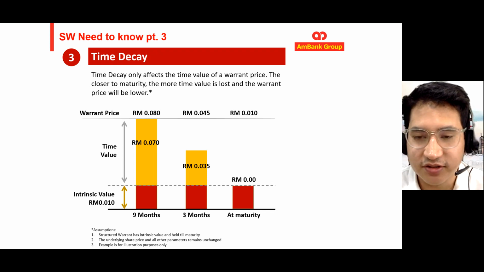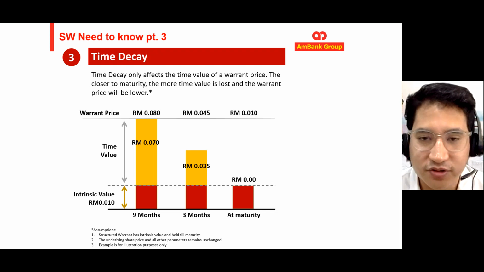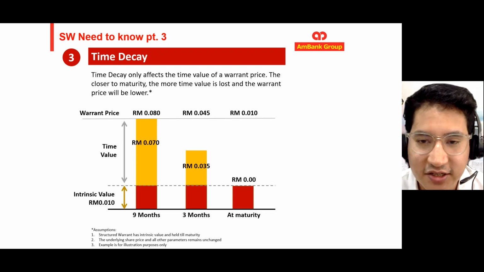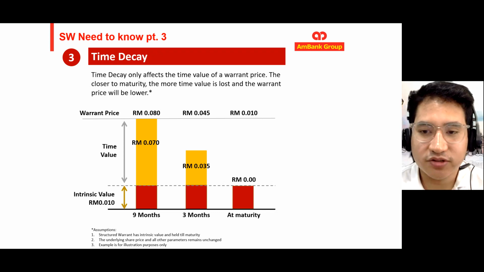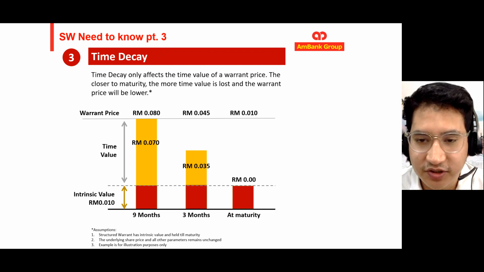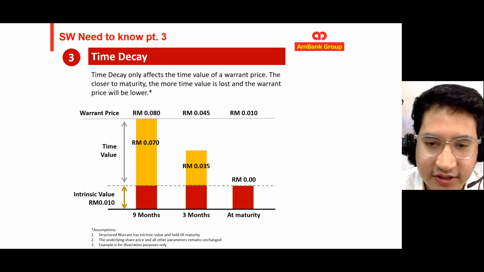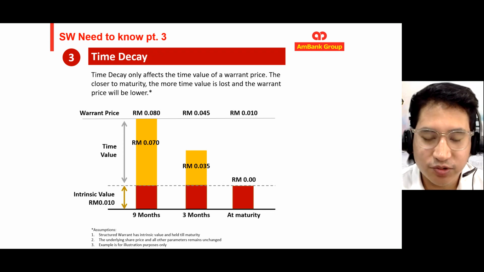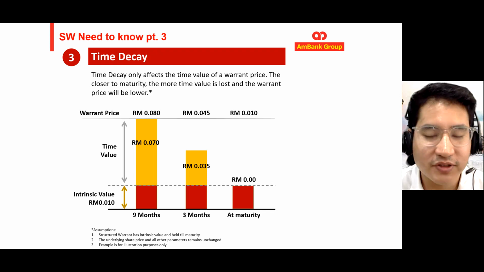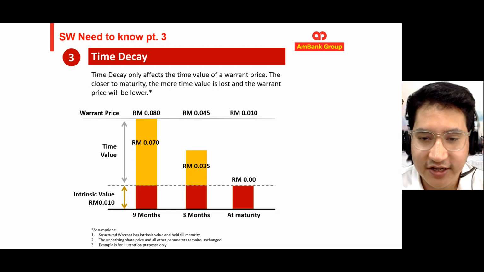And then at maturity, the time value is no more. So the time value has decayed to 0. This is an important concept to know when you are going to trade in structured warrants because when you buy structured warrants, time is always against your side. So you need to know whenever there's big movements in the underlying, that's the right time to invest or to trade structured warrants.